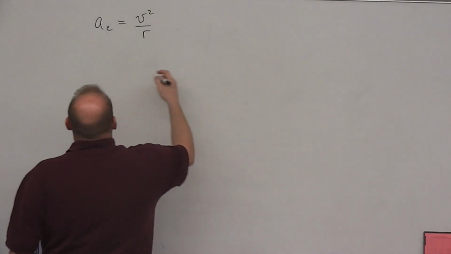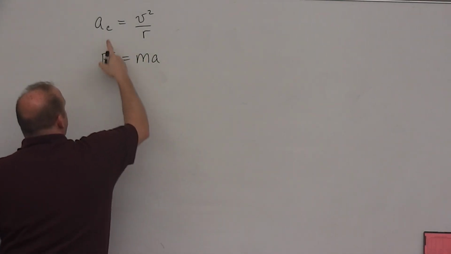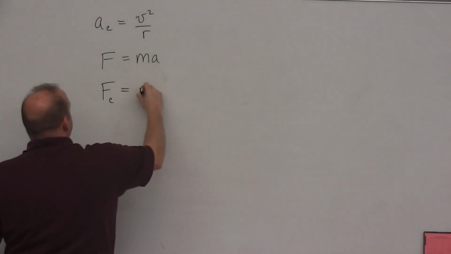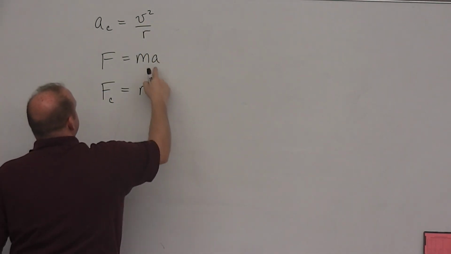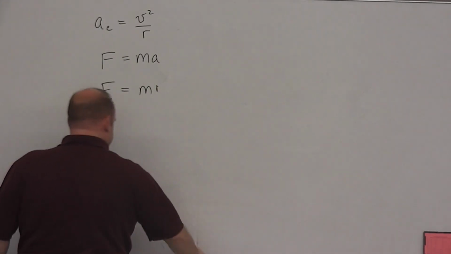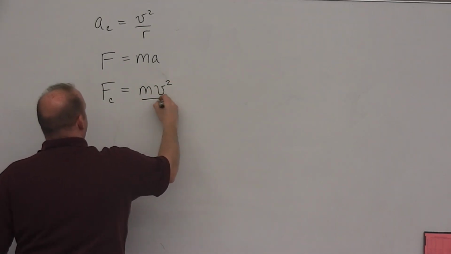We also know F equals ma. So if we're talking about a centripetal force, the magnitude of the centripetal force is going to be, just substituting this in for a, m v squared over r.